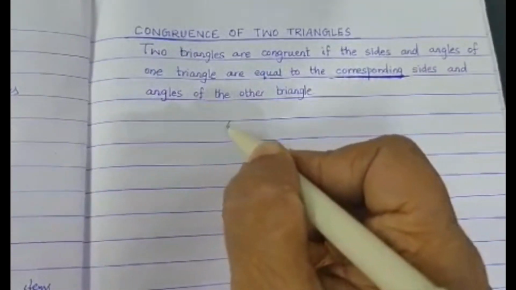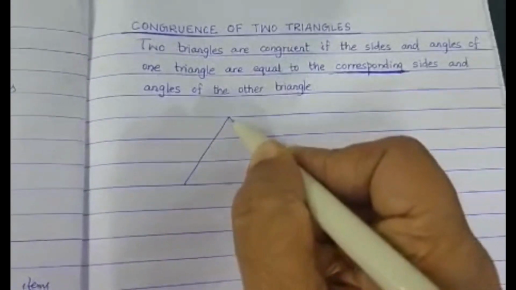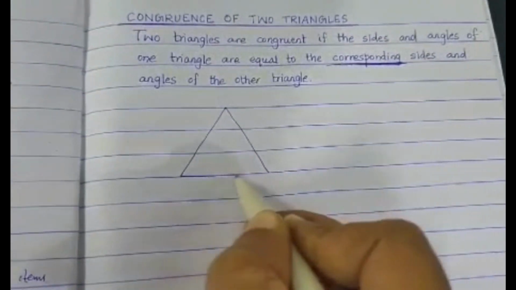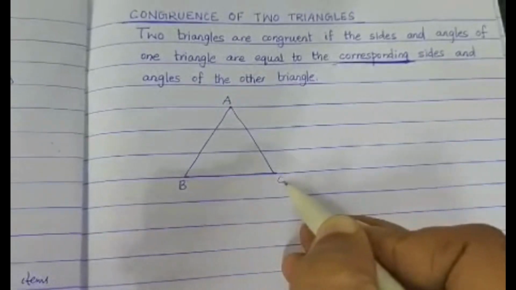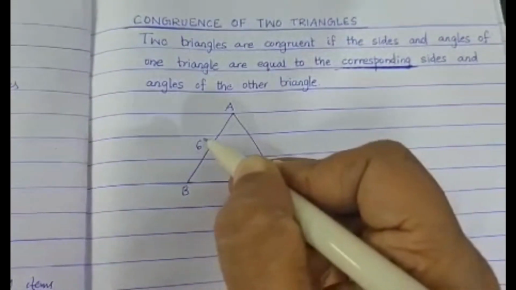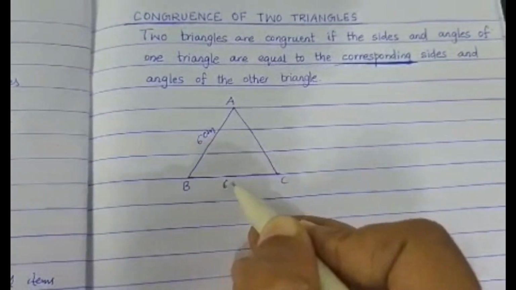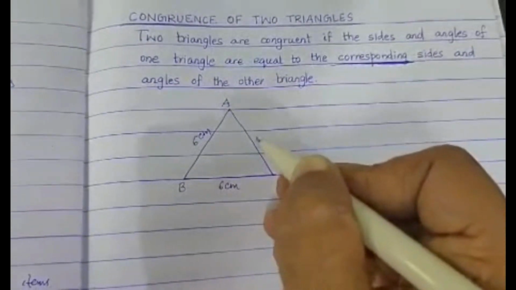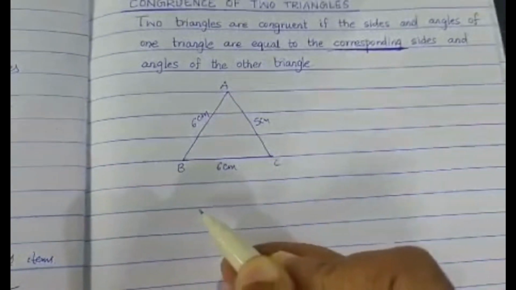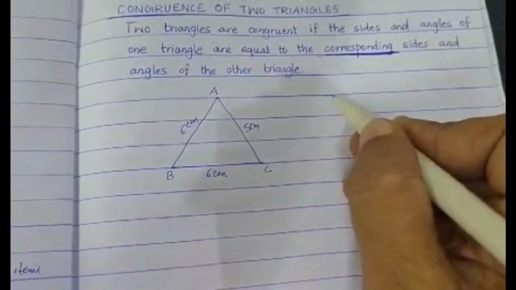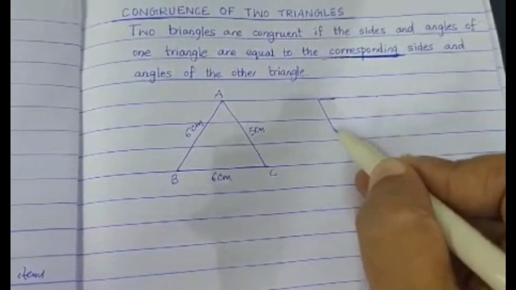Now I'm drawing two or three triangles like this. This is a triangle ABC. Suppose this is 6 centimeter, this is also 6 centimeter, and this is 5 centimeter. Okay, this is one triangle. Now I am drawing another triangle like this.